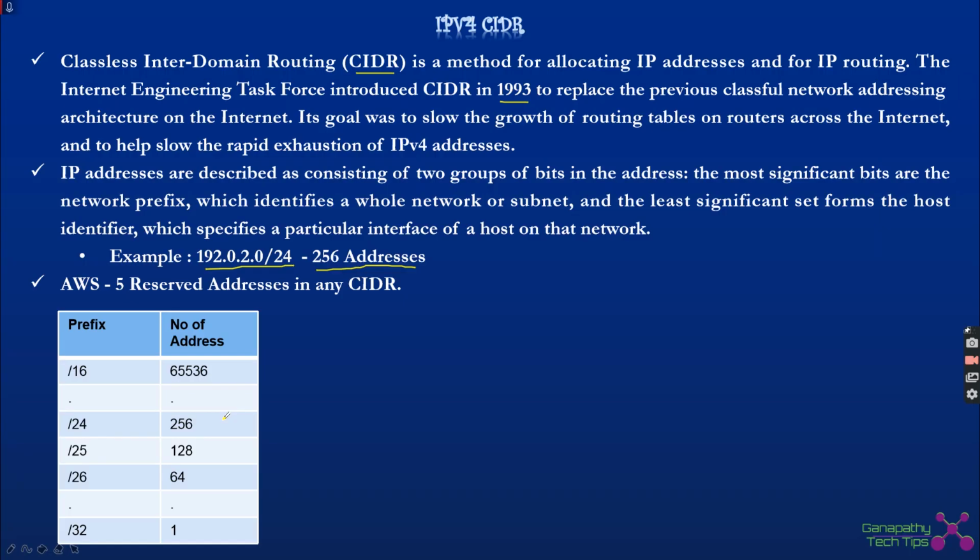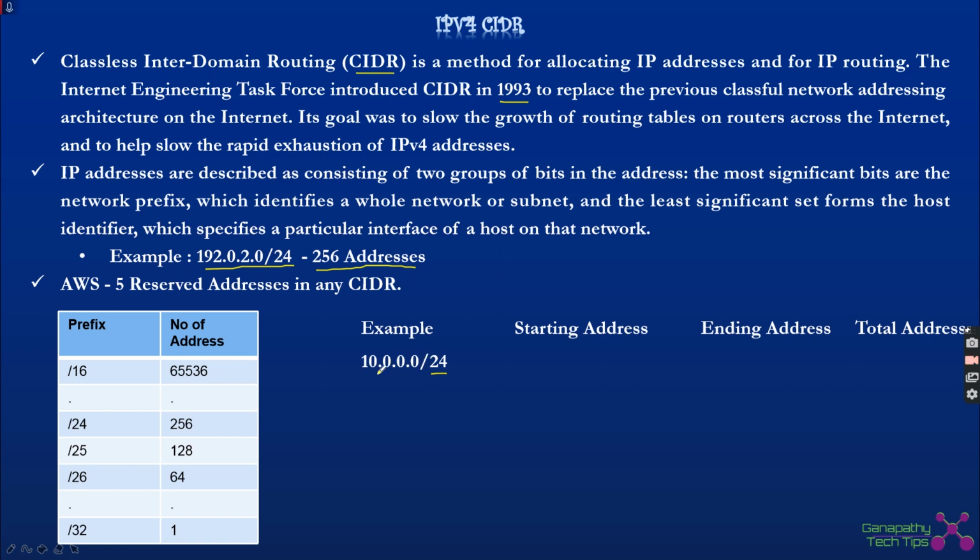Now coming to here, I am just giving you some examples for your practice purposes. So I am taking this address 10.0.0.0/24. I know for /24 it is going to be 256 addresses, right? So what is my starting address and what is my ending address? As we already discussed, /24 is going to be the last octet.